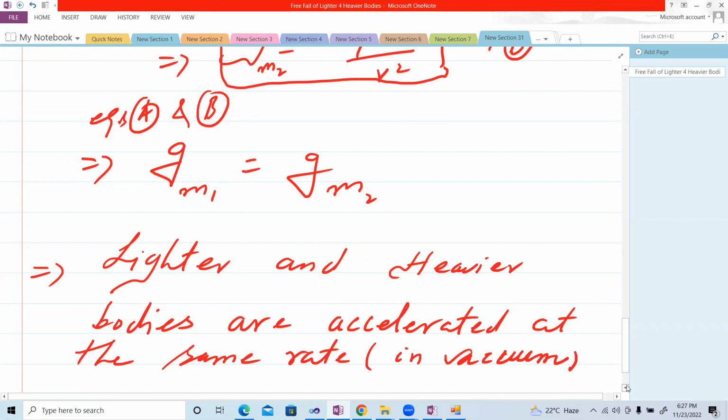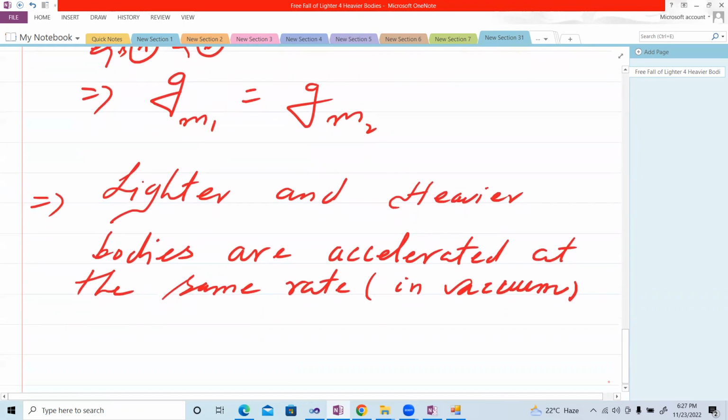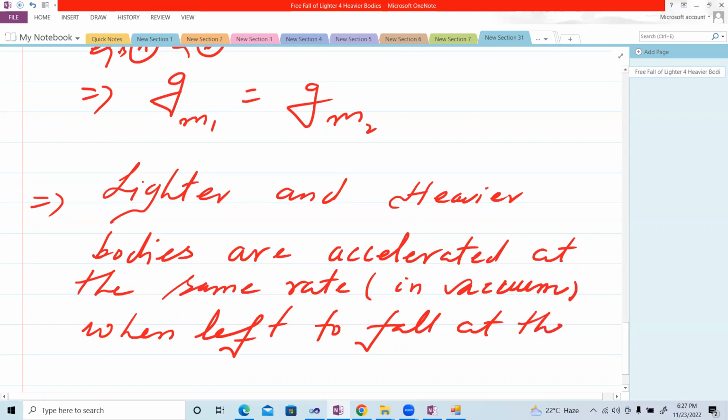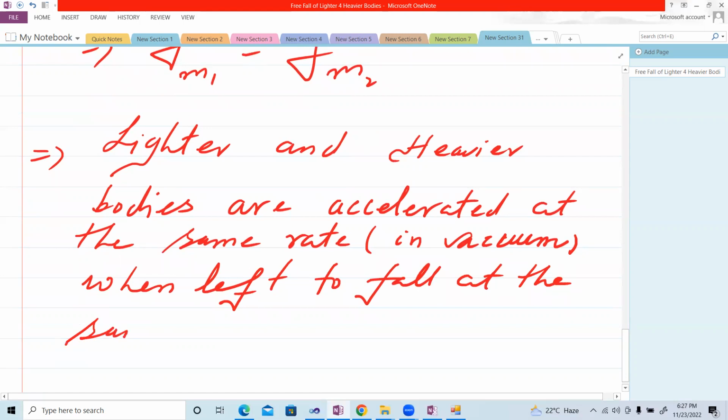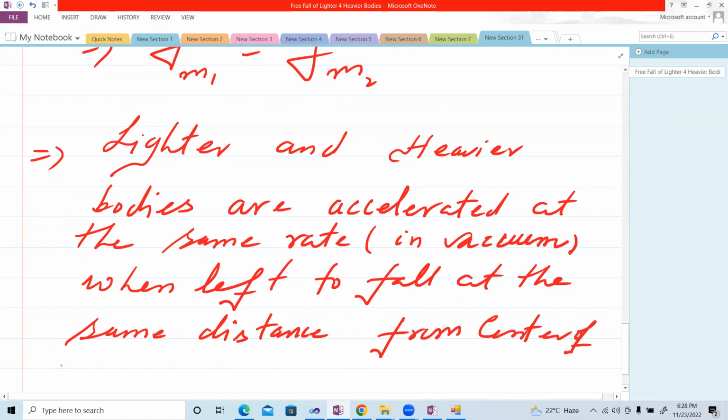This is the special thing that we are considering here, in the vacuum. At the same rate, right? When left to fall at the same height, at the same distance from the center of Earth, our center of gravity.